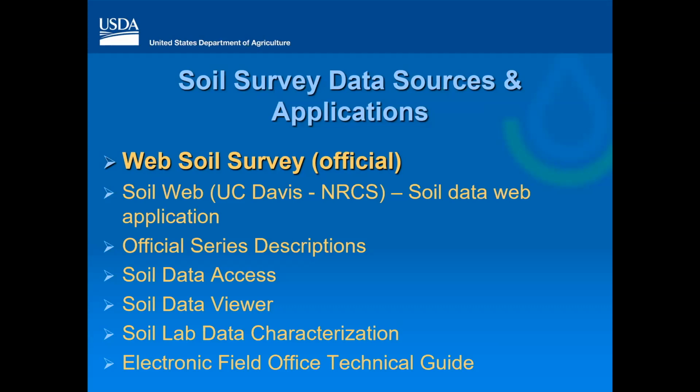We also contain the information in the Official Series Descriptions, Soil Data Access, Soil Data Viewer, and Soil Lab Data Characterization, which is where we store all of the lab data for physical and chemical engineering properties. We also provide this information through the electronic Field Office Technical Guide, which is where the agency stores the standards, and this is more for conservation planning applications.